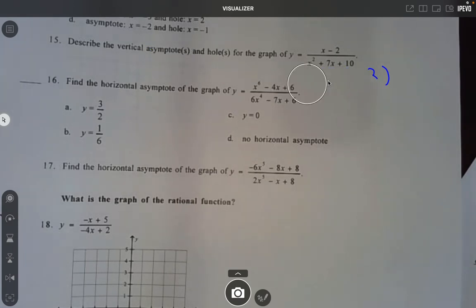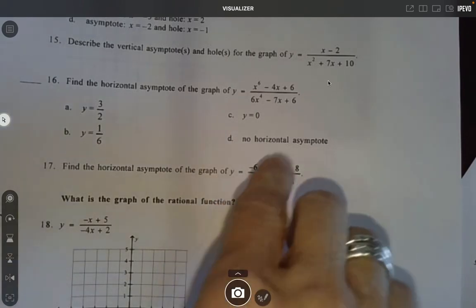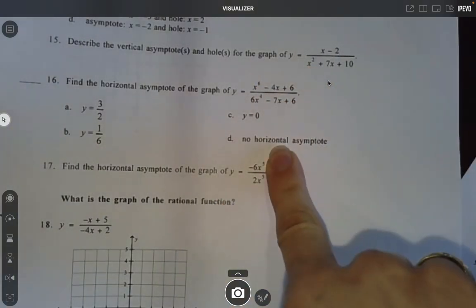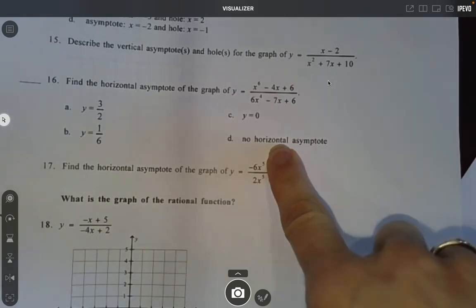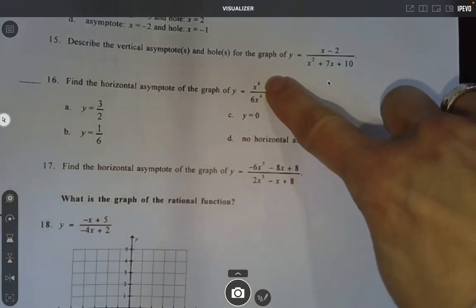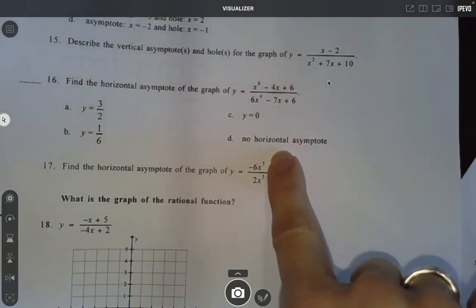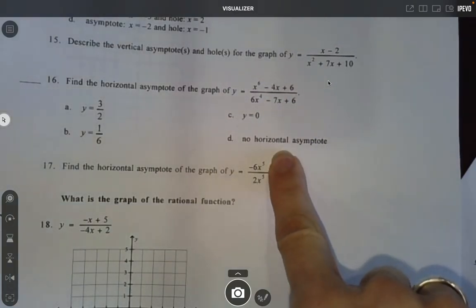Number 16. This one is what's going to be on the board. The horizontal asymptotes. If the numerator degree is bigger, there is no horizontal asymptote. By degree, that one has a 6 and that one has a 4. So the answer is no horizontal asymptote.